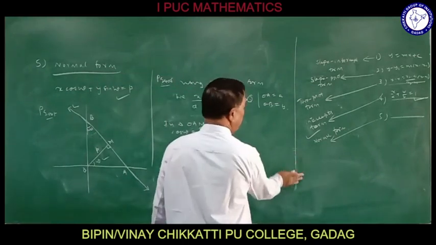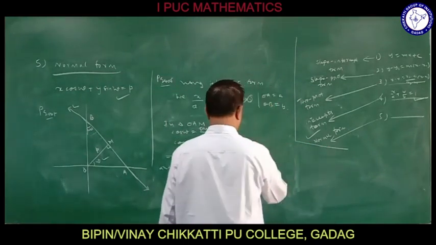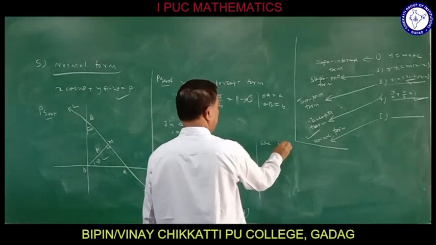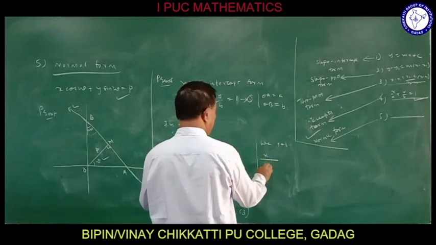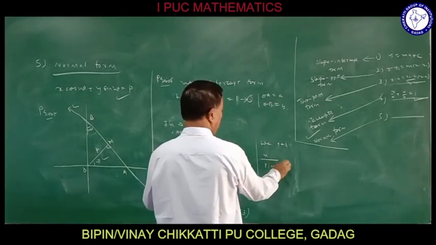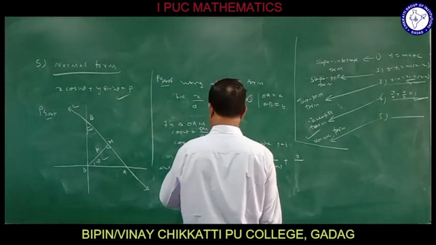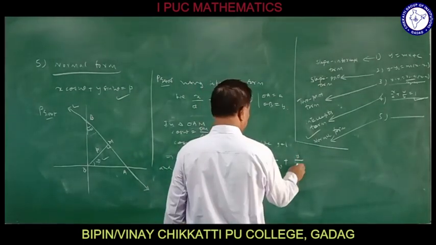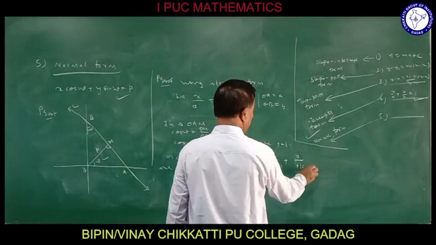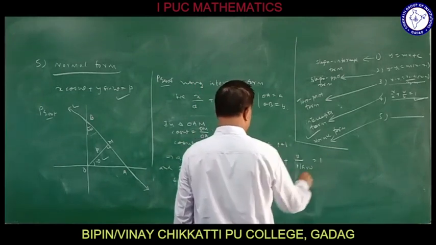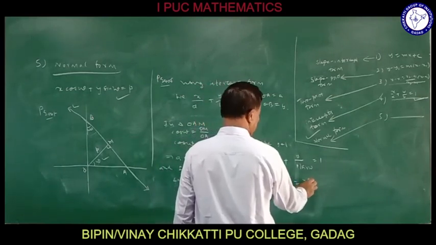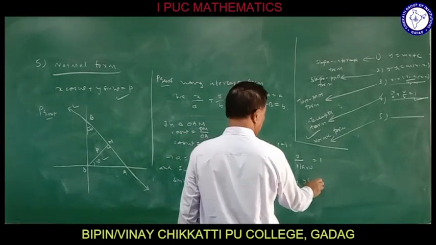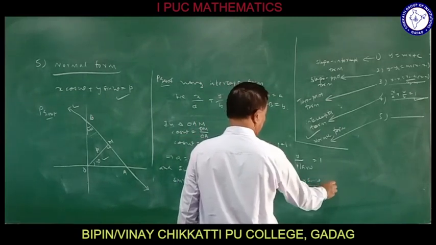When we write equations 2 and 3 in 1, we get x by A, which is x divided by P by cos omega, plus y by B, which is y divided by P by sin omega, and that equals 1. Simplifying, x cos omega divided by P plus y sin omega divided by P equals 1.